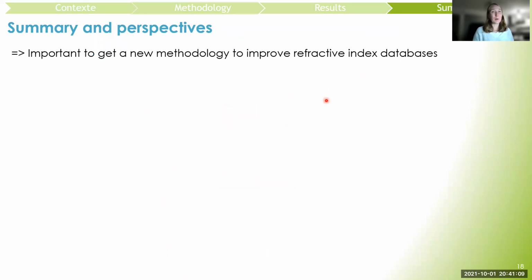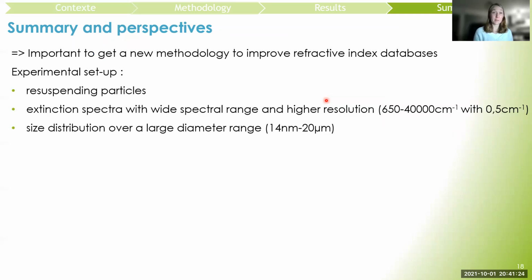As a summary, we said at the beginning that it was really important to get a new methodology to improve the refractive index database, to get better information for satellite observation. For that, we developed an experimental setup on aerosol particles. We measure extinction spectra over a wide spectral range with high resolution, and we also measure at the same time the size distribution.